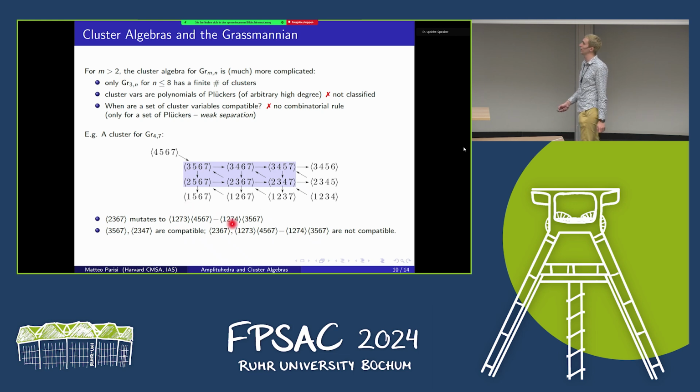Also, you can see, for example, that 3,5,6,7 and 2,3,4,7 are compatible because they appear together in a cluster here. But 2,3,6,7 and the quadratic are not compatible because they are obtained from each other by mutation, so they will never appear together in a cluster.